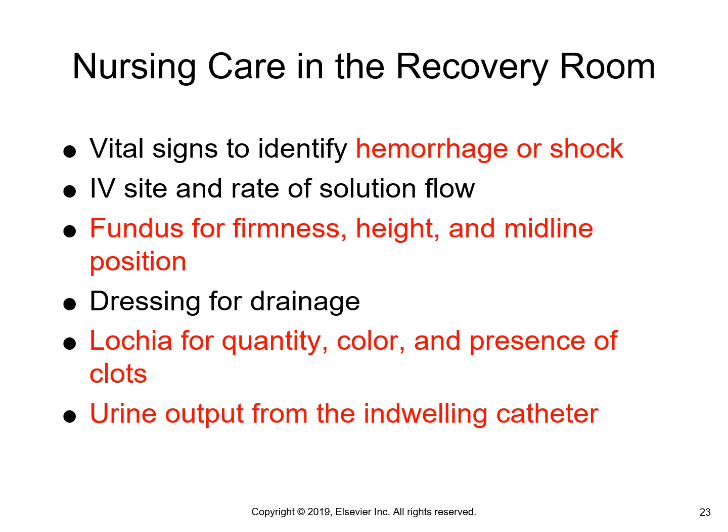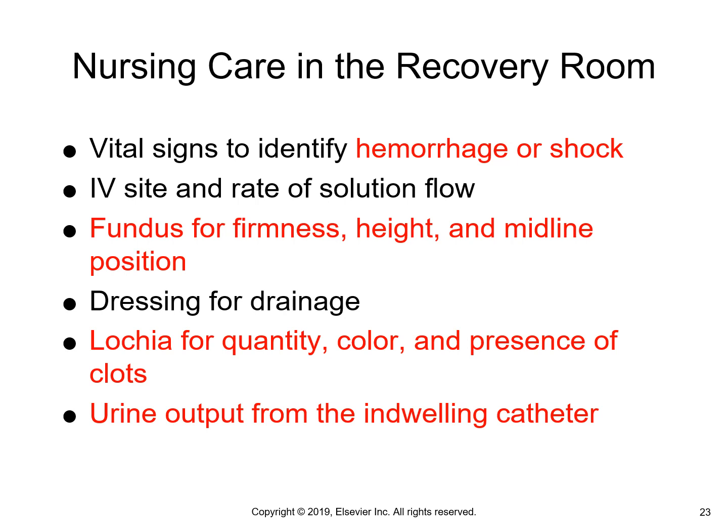Okay, check the dressing for drainage. If there's increased drainage or increased bleeding, how often are we changing this dressing? If it's excessive change of the dressing, then there might be a hemorrhage going on. Lochia for quantity, color, and presence of clots.